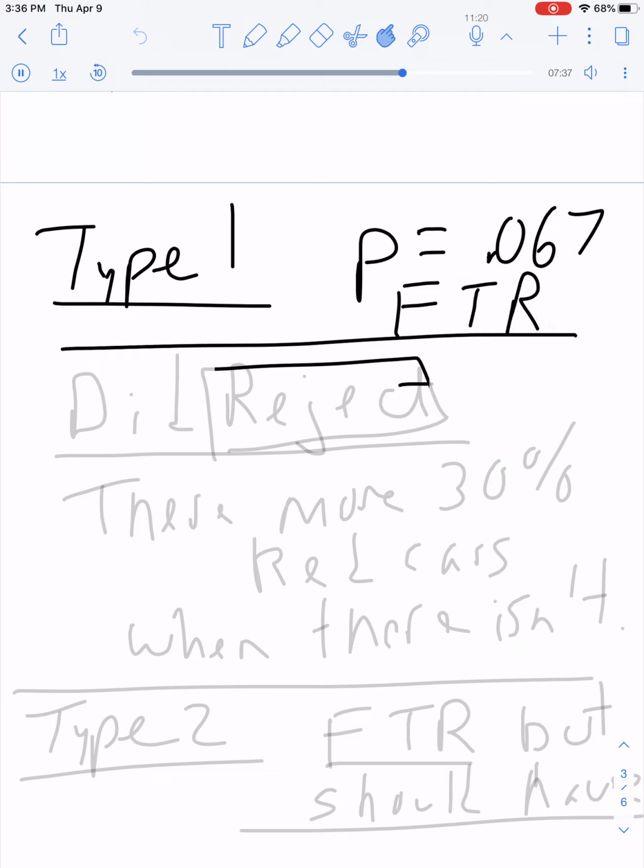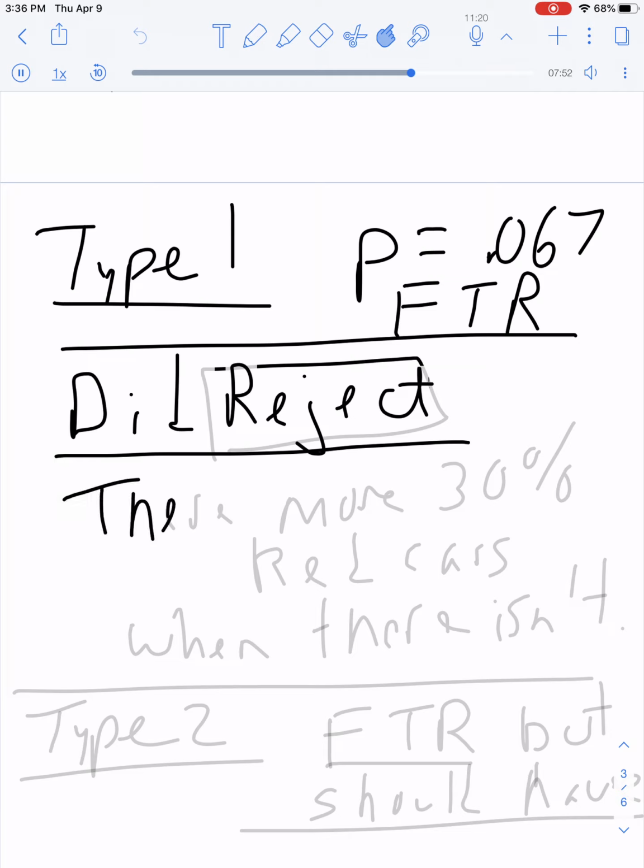What a type 1 error would be is that we did reject when we shouldn't have. So what that would mean is we think there are more than 30% red cars when there isn't.